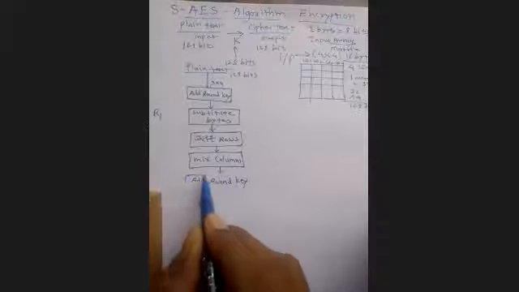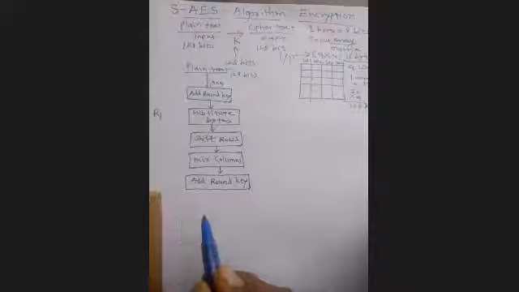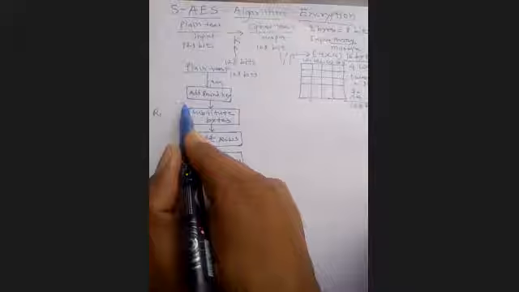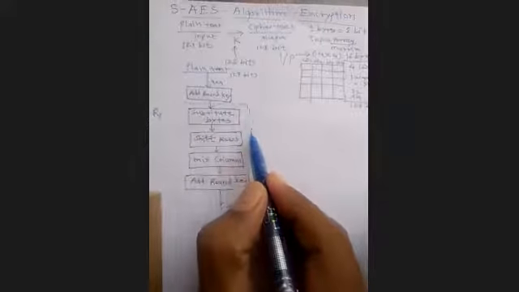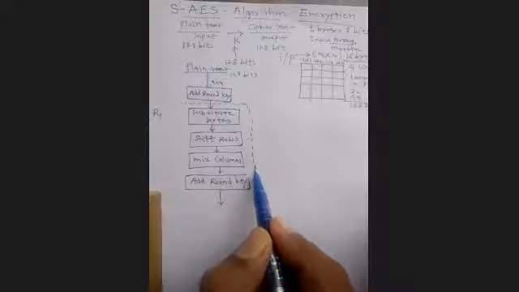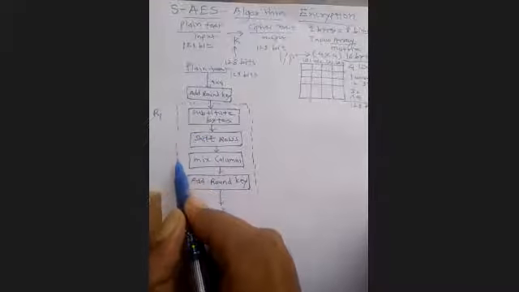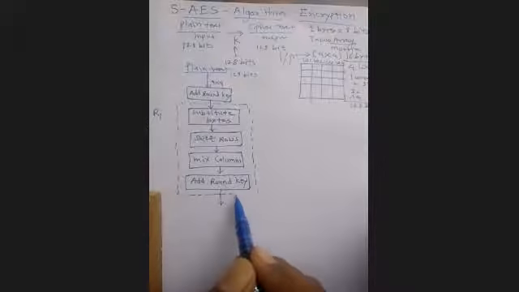Add round key is the last event of round one, and then comes the output. See here that I have put one box, the dotted line box. Is it visible to all? This is the dotted line box that I am writing over here. What this dotted line box says is that this is my complete round one.